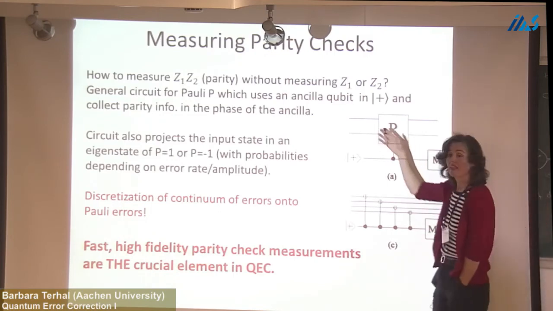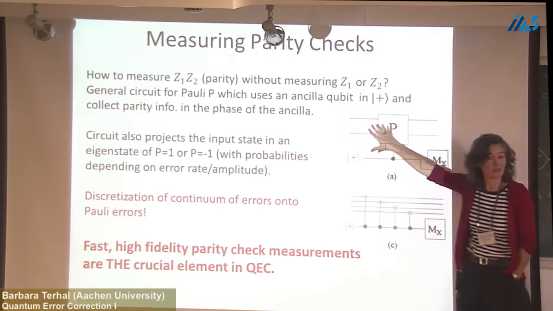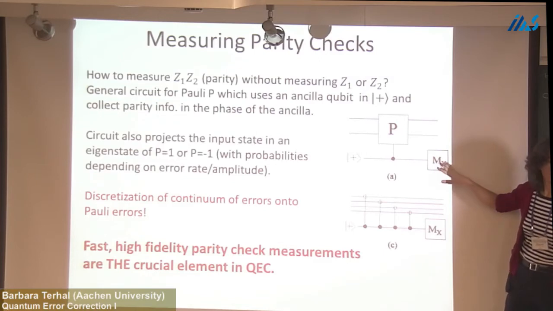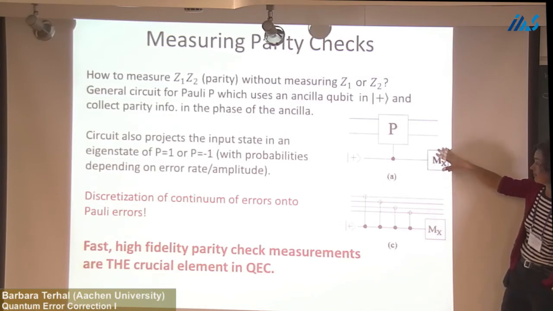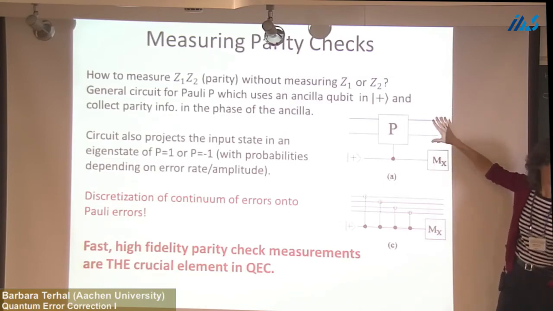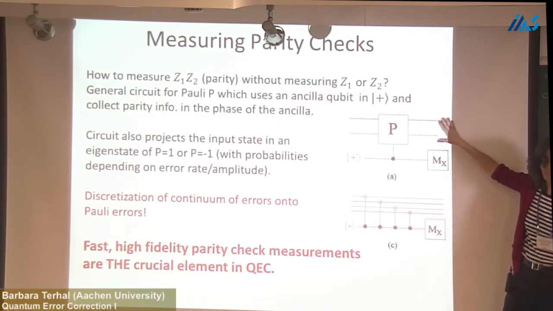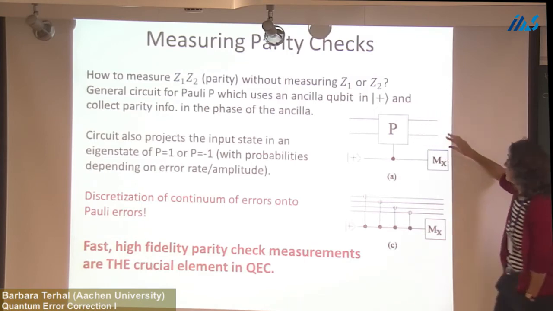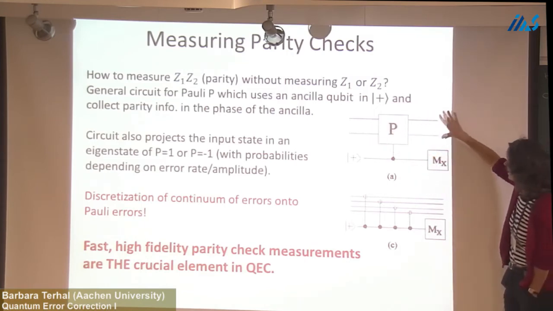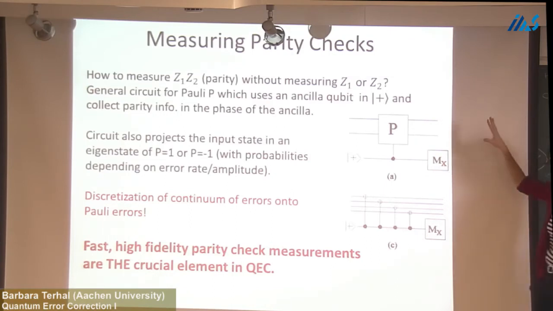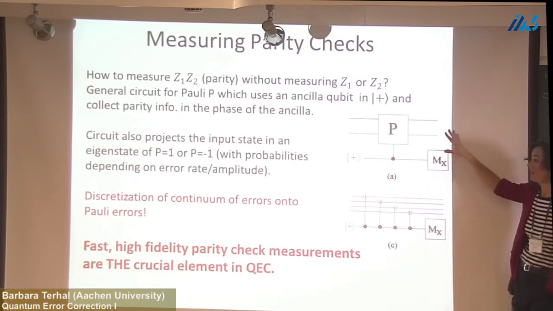But by linearity, if I put in a linear combination of these things, and I do here a projective measurement, projecting onto plus or minus, if I find plus, I end up with a +1 eigenstate of the operator P. So if I do this for all the parity checks, and I always find a +1 eigenstate, I have a word in the code space.